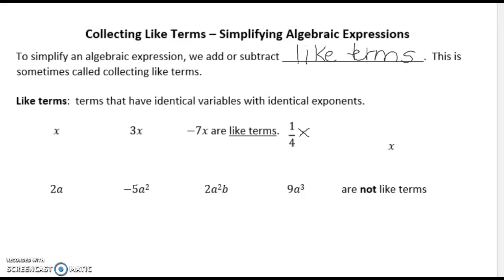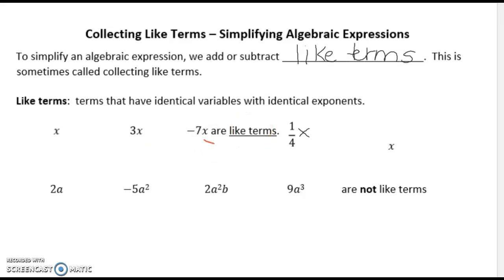Next one. Here we have 2a. Then we have negative 5a squared. This one is 2a squared b. And this one is 9a cubed. These are not like terms. So in order for them to be like terms, they have to have the same variable.